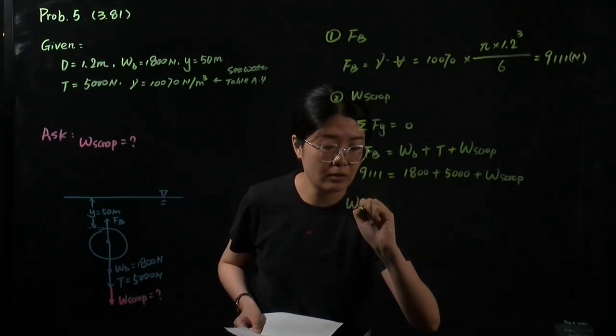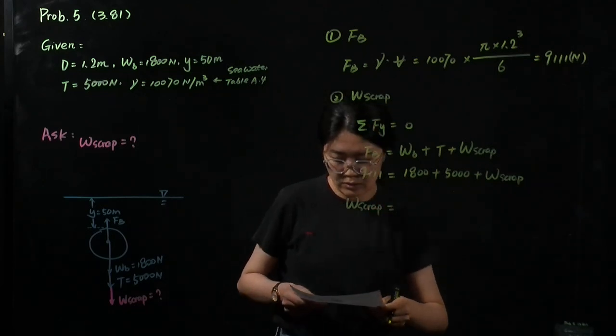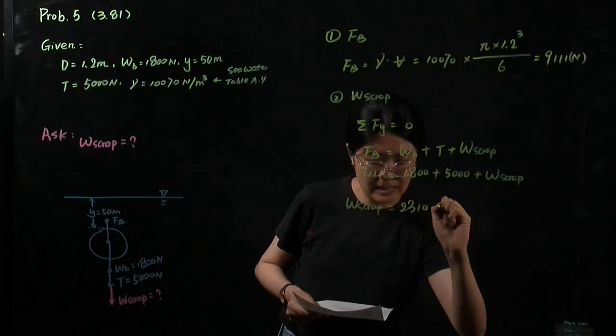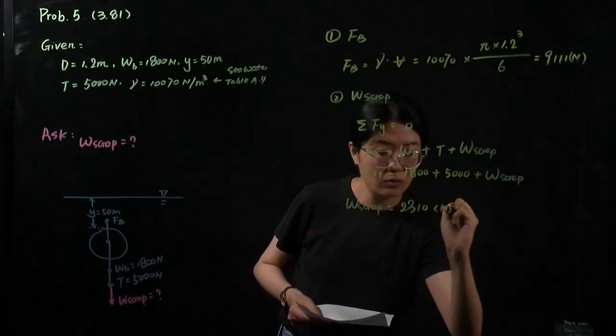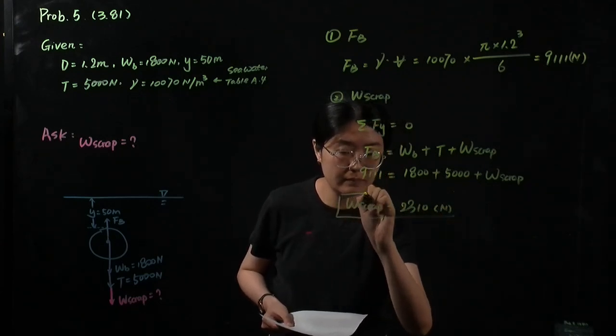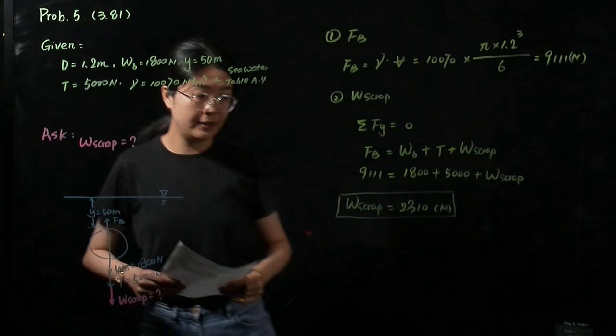After we solve this equation, we can get the weight of the scrap. It equals 2,310 Newton. So this is the result for problem 5.